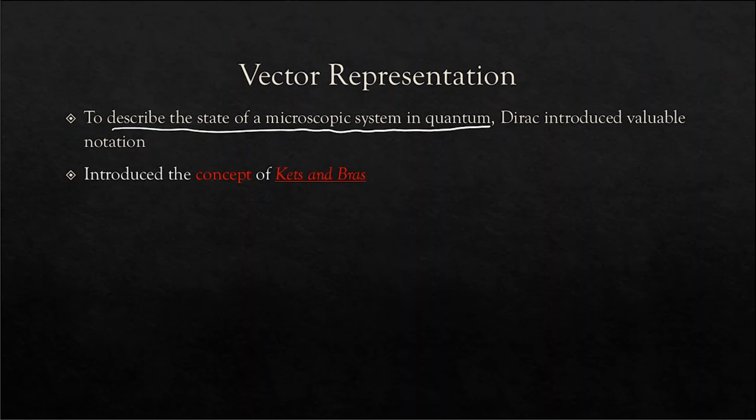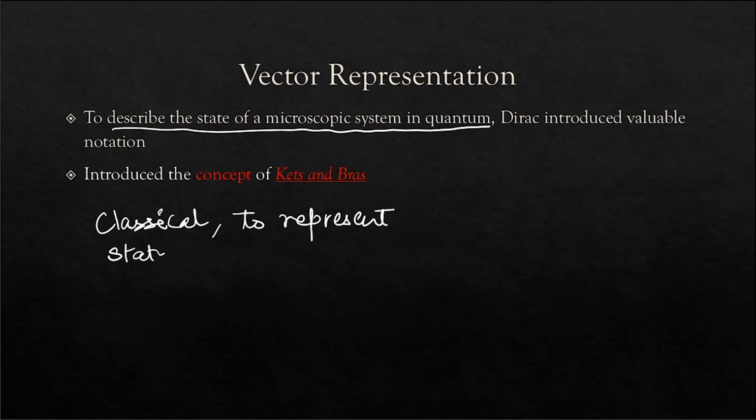Just like in classical, we need a vector to represent a state. To represent a state in classical, we use vectors.